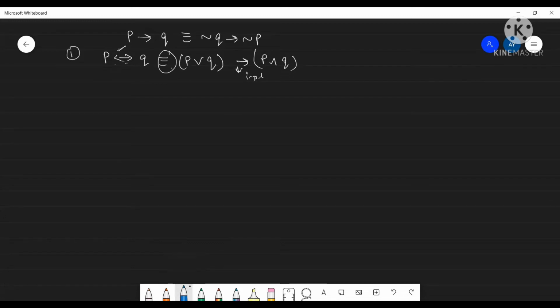What can we make? The first column is P, then Q, then P implies Q, and then P or Q, P and Q, and then P or Q implies P and Q, the right hand side ones. Now, what will be the P and Q values? Same: true, true, true, false, false, true, false, false. Now the conditional, that is the implication form, will be true, false, true, true.